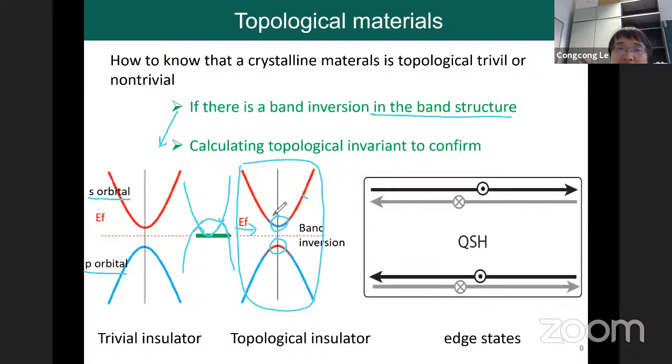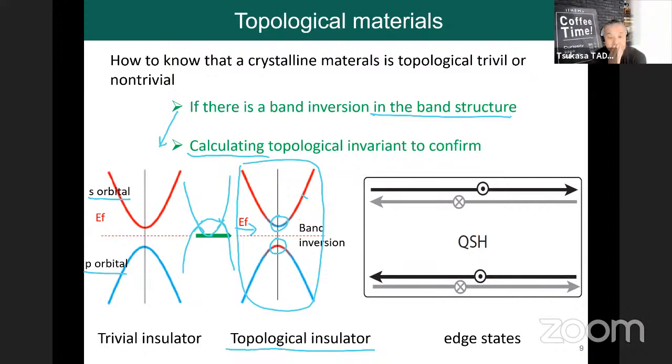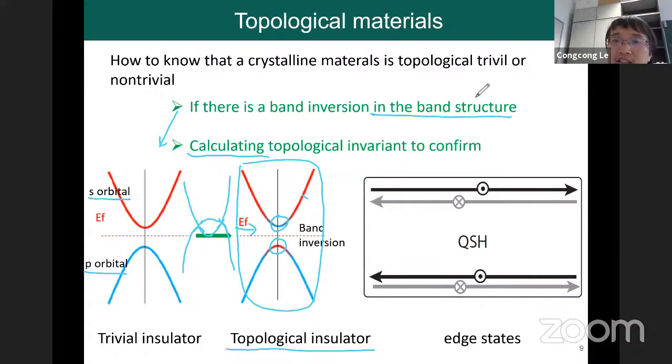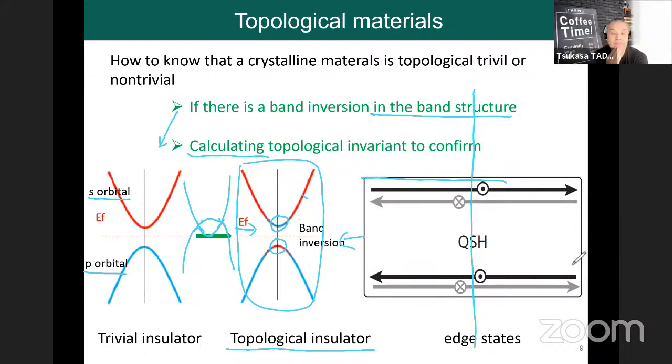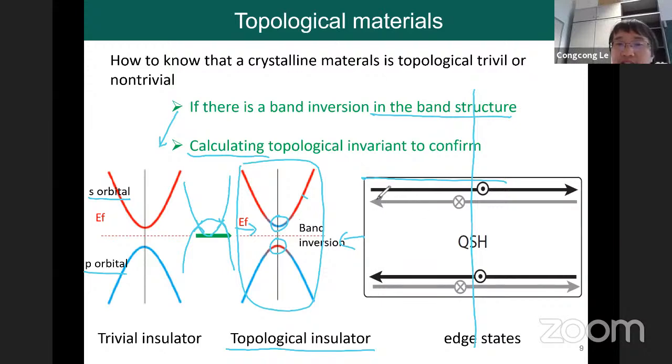So if we have band inversion, then next we need to calculate the topological invariant to confirm whether this material is topologically trivial or non-trivial. If it's non-trivial, we call it a topological insulator. And then if we cut in the y direction in real space, and the x direction is periodic, we can see the edge state like this.